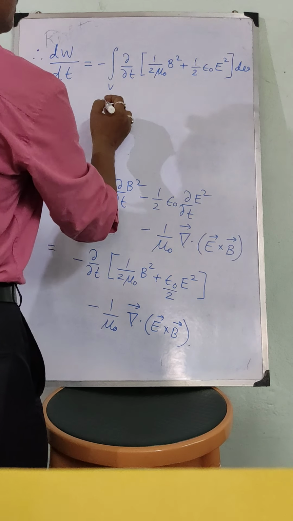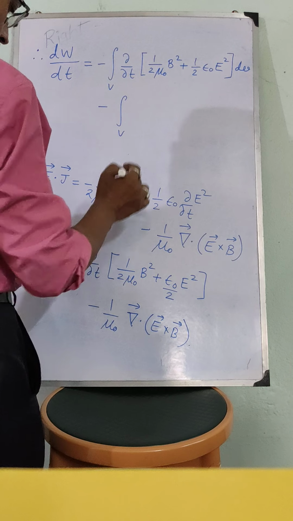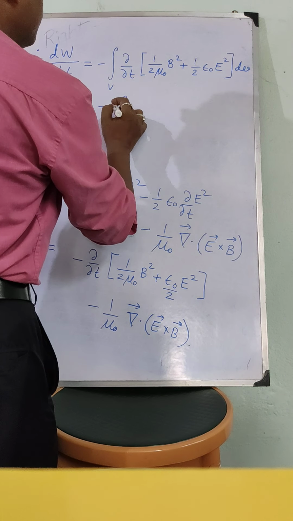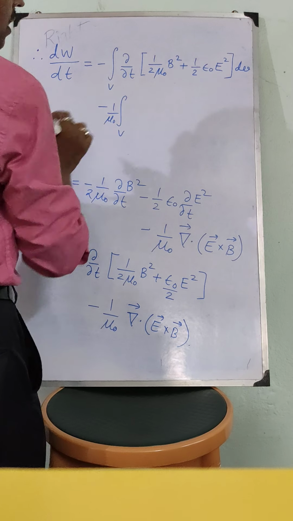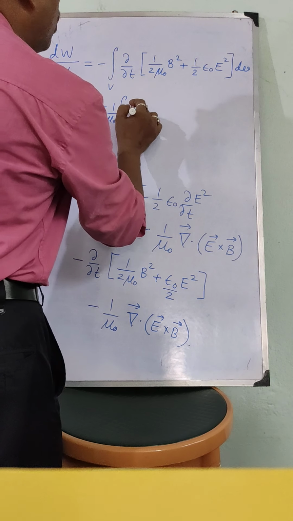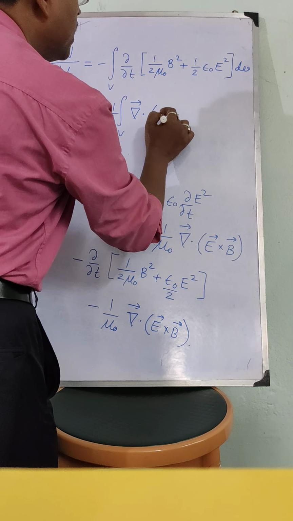Now this term, so minus integration V 1 by mu 0, I can keep it outside the integral sign because this is a constant. So del dot E cross B.